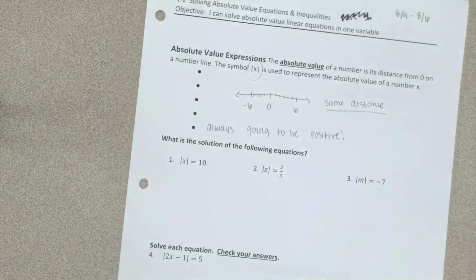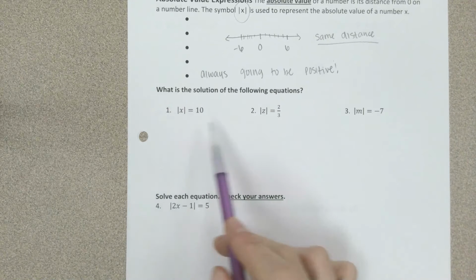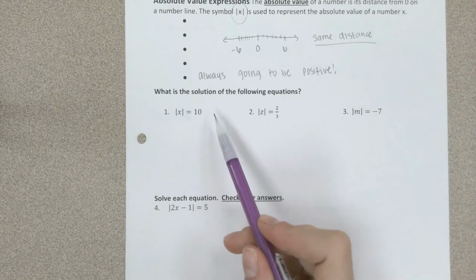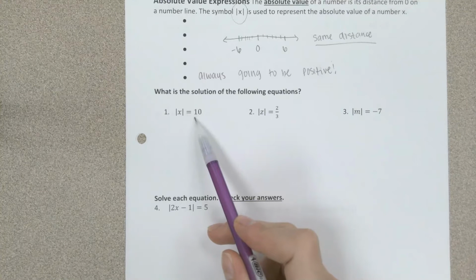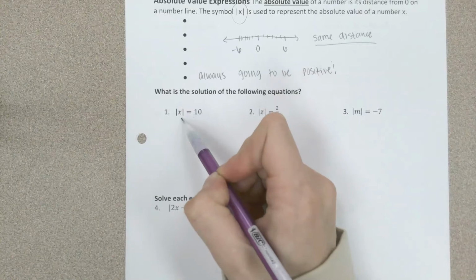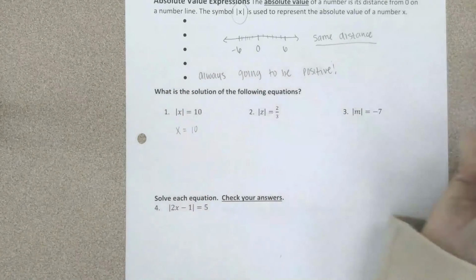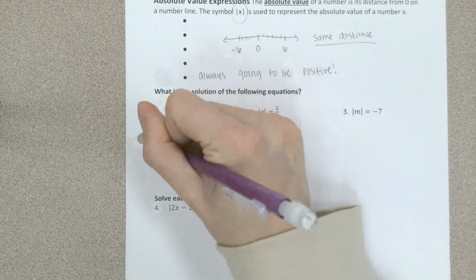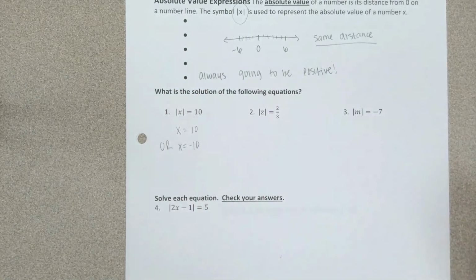So looking at these right here, looking at number 1, if the absolute value of x is equal to 10, then that means that x can either be 10, of course, or x can be -10.